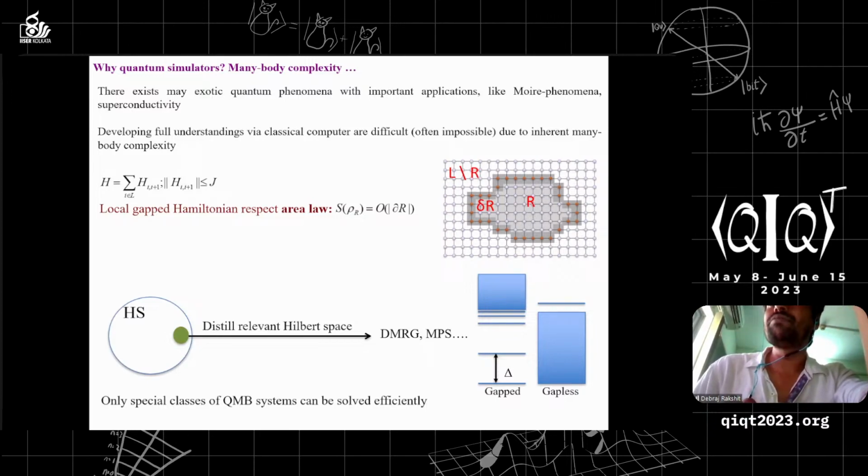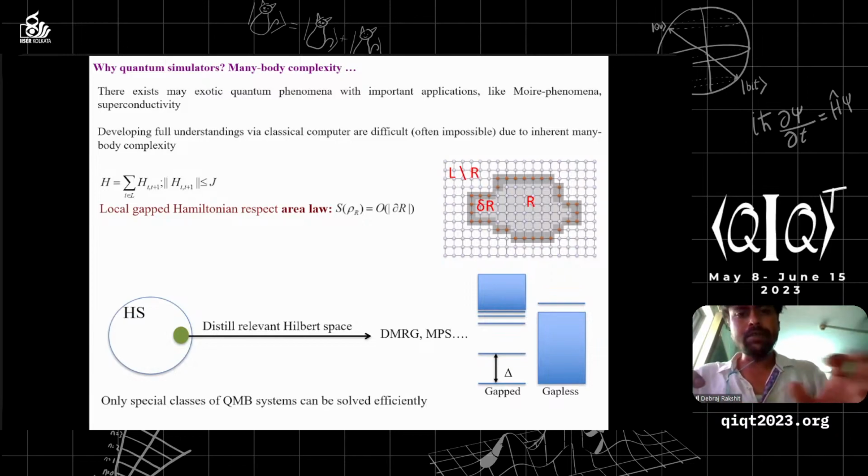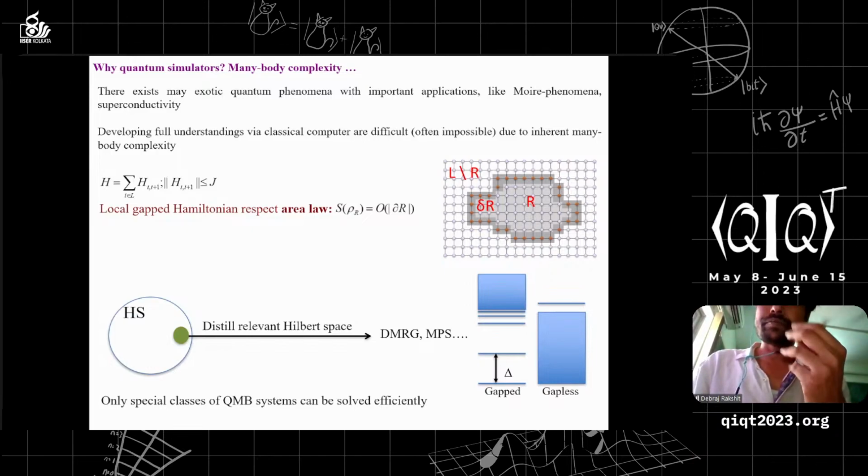Okay, so if you deal with 1D, then this entanglement becomes almost constant. So then we can deal with bigger systems, because as long as there is a lot of entanglement in the system, the information is scattered throughout the Hilbert space. But when there is this area law, at least for gapped systems in low dimension, the information is actually hidden.